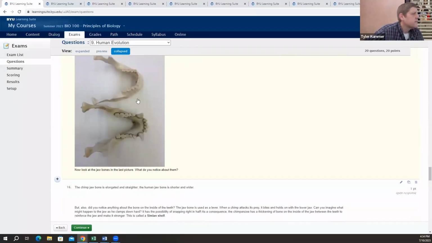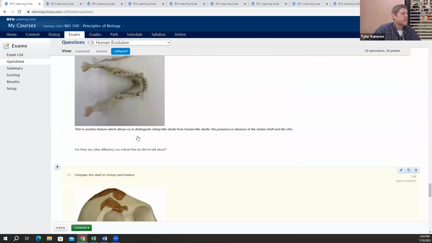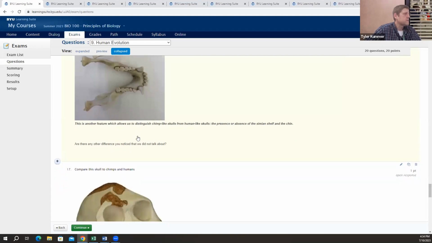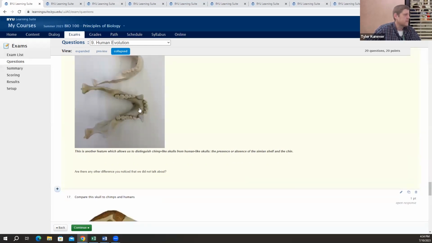And let's see, mentioned the chin, and then you have the simian shelf, this thickening bone on the inside of the lower jaw here. So those are all key features that are great differences between chimps and humans. Oh, the size of the canine is another one, right? Those chimps are pretty ferocious looking compared to humans.